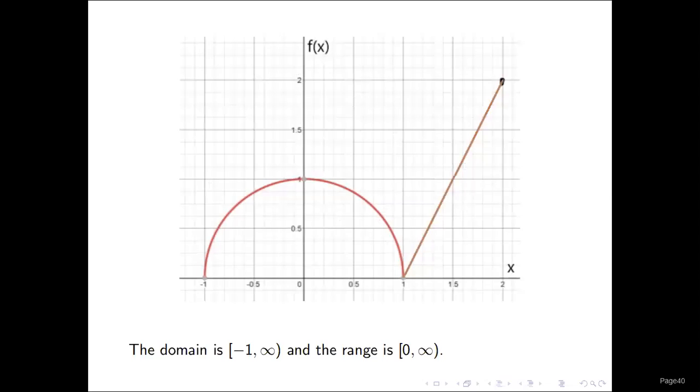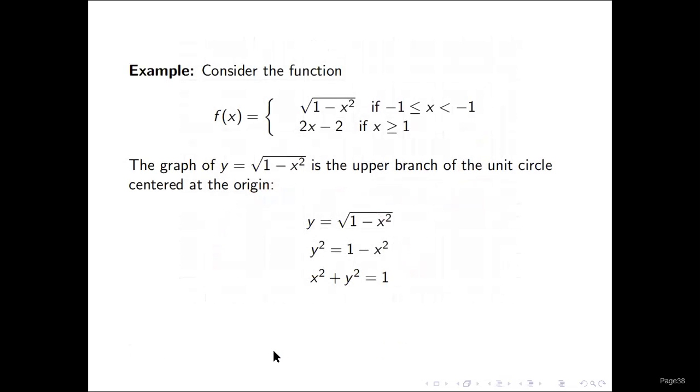Before our last example, the domain is -1 to infinity. Oh, why did I put -1 to infinity? Yes, sorry. Why is the domain different now? Notice that in our definition of the function, we did not include values less than -1.